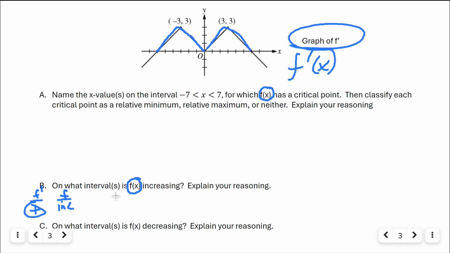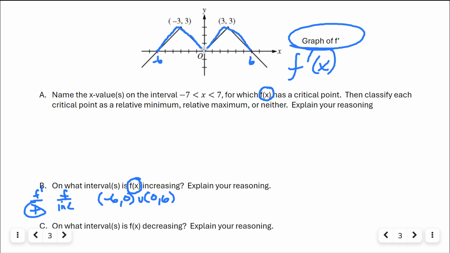So f is increasing on the interval from -6 over here to 6 over there. From -6 to 0 in the union with 0 to 6. Now, why did I leave out 0? How come I just didn't go from -6 to 6? Because at 0, f prime is not positive.